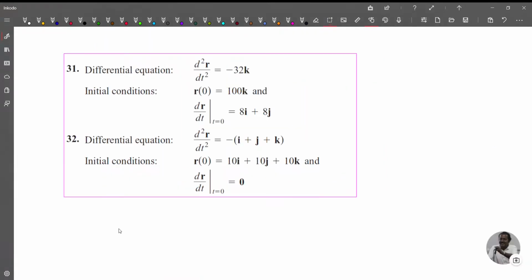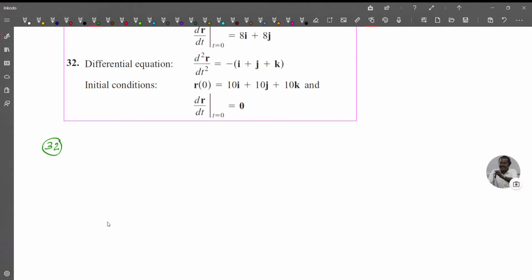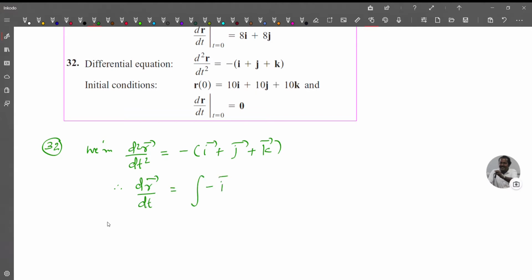Now we solve the initial value problem 32, and you can do 31 similarly. So we have d square r by dt square is equal to minus i plus j plus k. We have to find r of t. So therefore dr by dt equal to integral minus i plus j plus k dt.